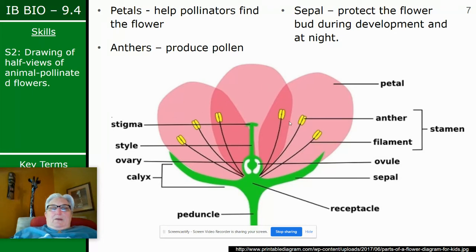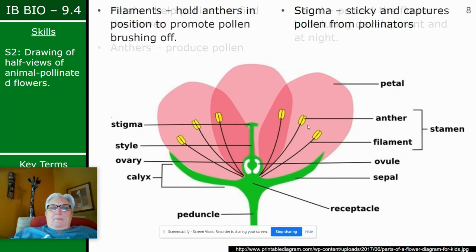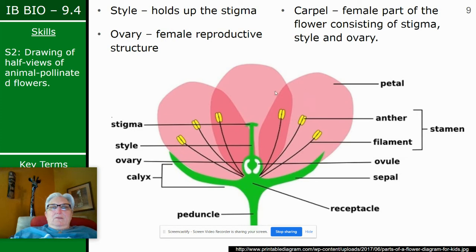So, this is just another look at the male and the female petals, sepals, and so on. And it gives you an idea of what exactly each of these parts do. And we'll leave that for you to take a look at because those, again, will be important parts to this particular chapter end.